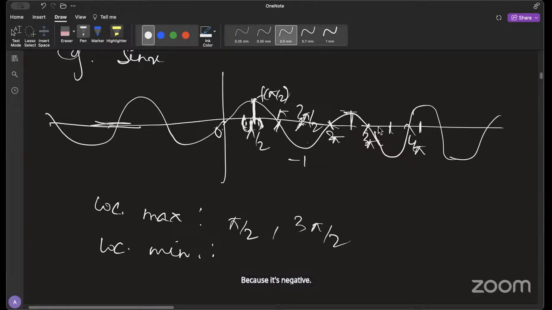So first you've taken pi by 2, then you can take this one. This one is 2 pi plus pi by 2, which is 5 pi by 2. Then the next one is 7 pi by 2, but it has value -1.